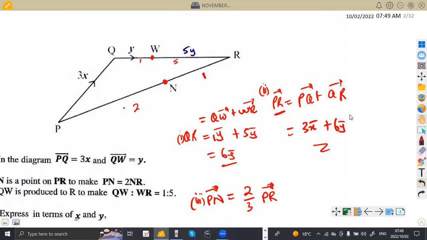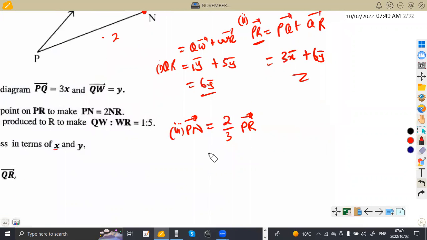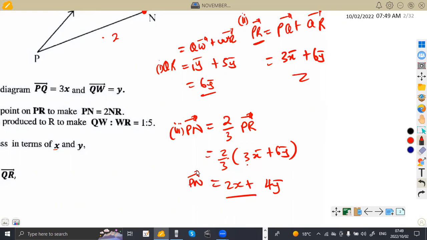So it's 2 over 3 multiplied by PR, which is 3x plus 6y. You multiply 2 over 3 times 3, which gives us 2x, plus 2 over 3 times 6, which gives us 4y. So this is our vector PN, and that is what we were supposed to obtain.